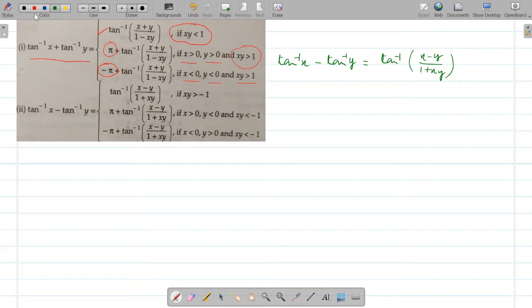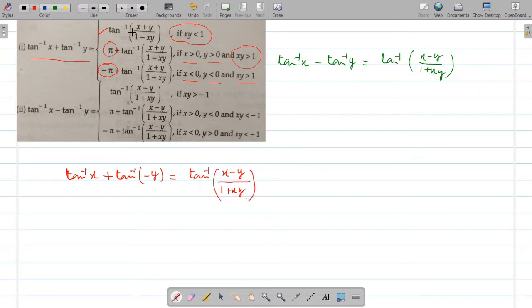See, already we have the formula of tan inverse of x plus tan inverse of y. So I'll tell you what your approach should be. The tan inverse of x plus, now in that case y I am subtracting, by minus y, and this is equal to tan inverse of (x minus y) upon (1 plus xy).